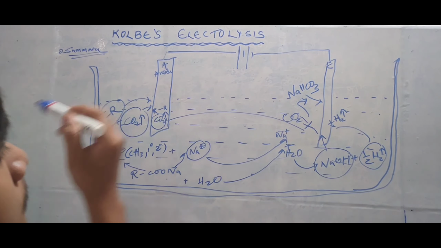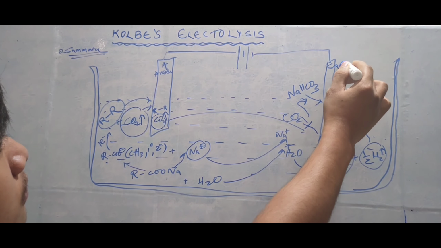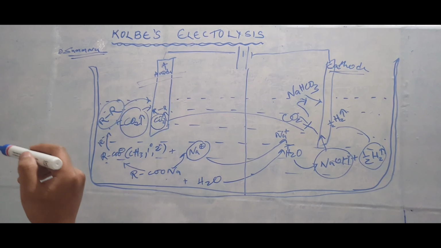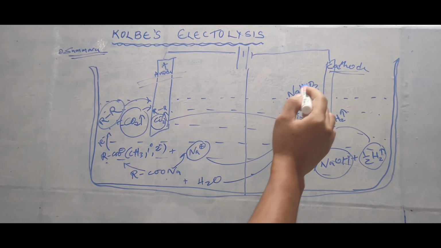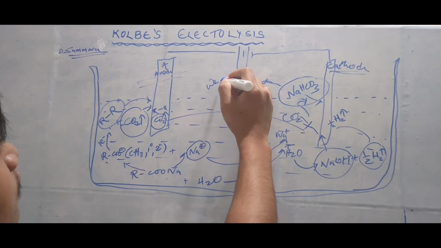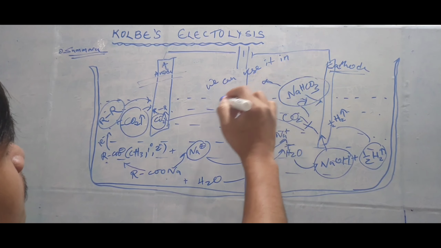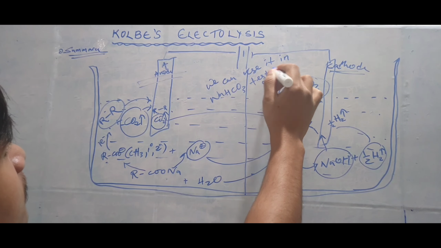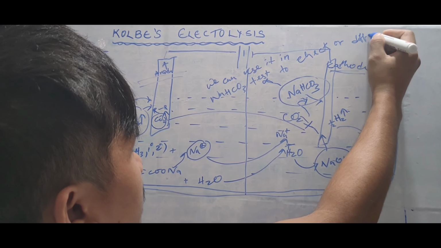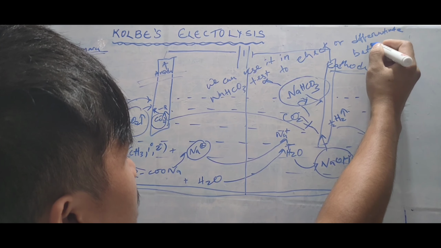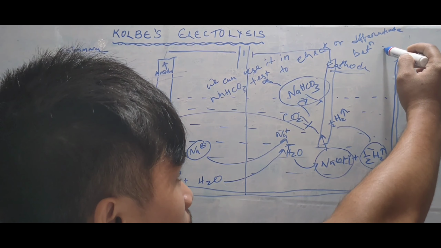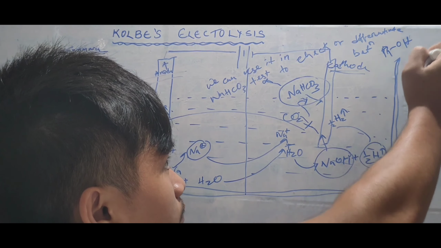How can we use this sodium bicarbonate? It can be used in the sodium bicarbonate test, to differentiate between phenol and benzoic acid. Also, because this NaHCO3 is basic, the solution slowly turns alkaline.